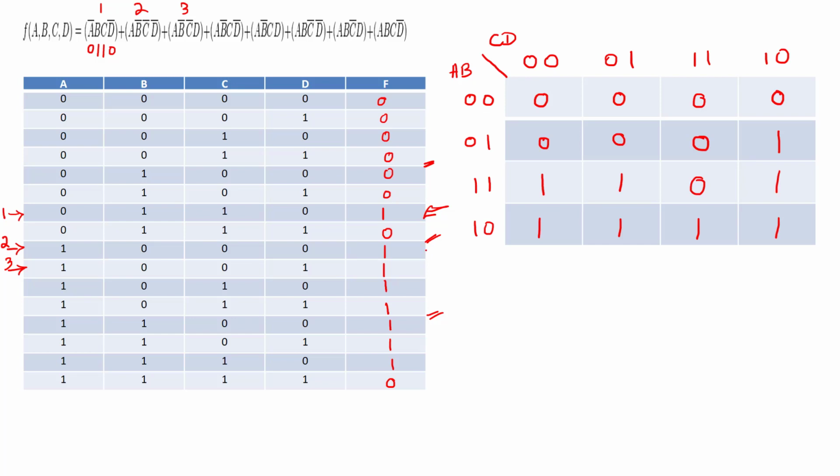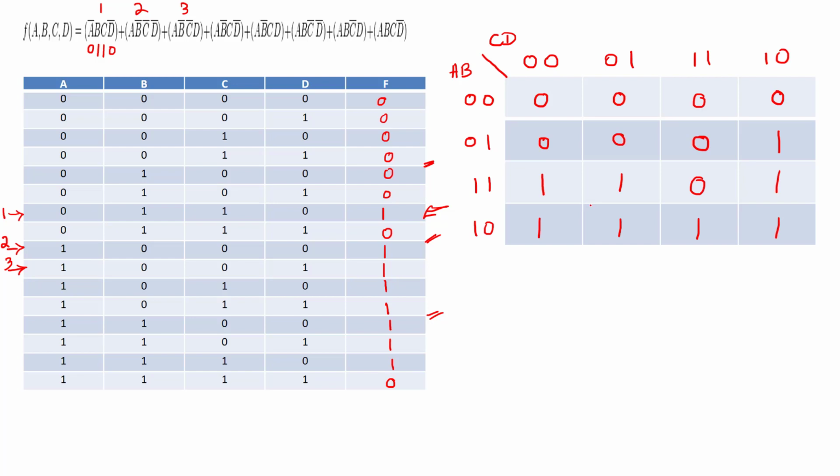Once we have transported all the values from our truth table into our Karnaugh map, the next step is to group the cells together. And we are grouping the cells where we have a value of 1. Our objective during the grouping is we want to make as big a group as possible.